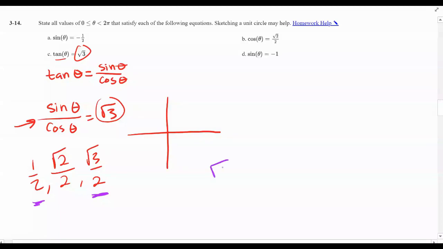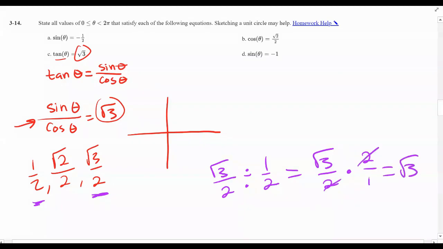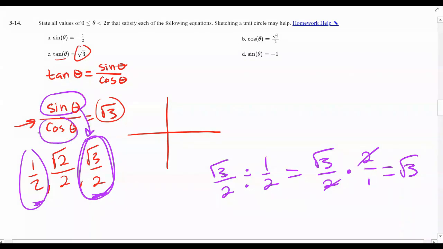Let me just show you that here. If I'm doing this, you should see that I'm multiplying by the reciprocal, the 2's cancel out, and that gets me to just root 3. So I'm looking for when sine is root 3 over 2 and cosine is 1/2.